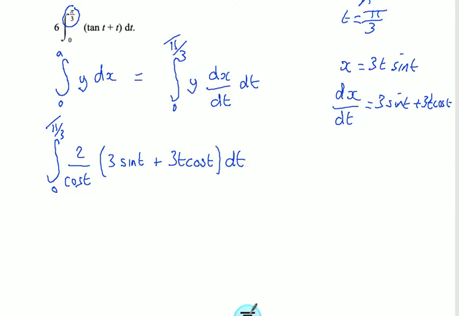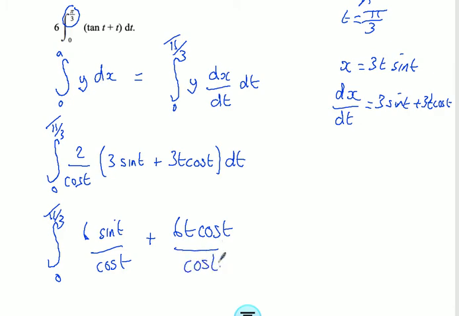If I was to expand this out now, I would get 6 sine t over cos t plus 6t cos t over cos t.